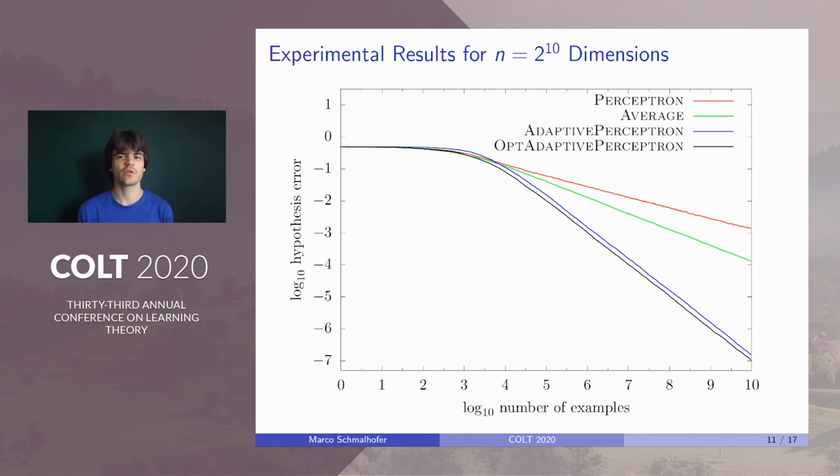Also interesting in this plot is that this hypothetical locally optimal adaptive perceptron algorithm does not asymptotically differ much in behavior from the adaptive perceptron. In particular, they should differ in their error by a constant factor.